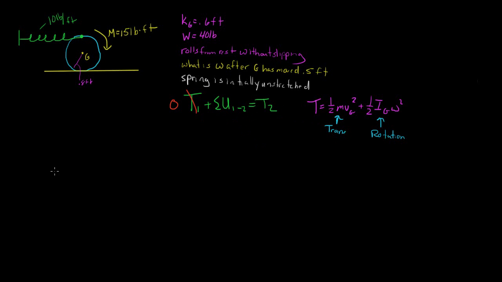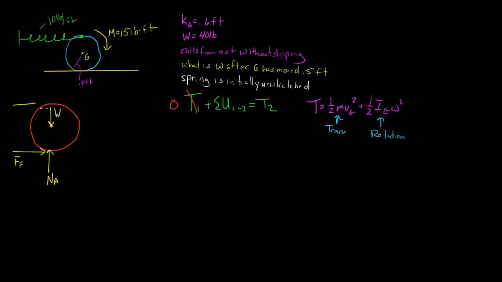We just need to figure out what forces do work on the system. Now, if we draw a free body diagram, we're going to be able to figure that out. We're going to have a normal force that acts back up. We're going to have a weight force that acts through our center of mass. We're going to have a frictional force that, because it's rotating this way, is going to go against that rotation, so it's going to point towards the right.